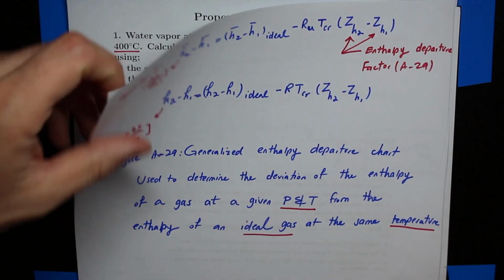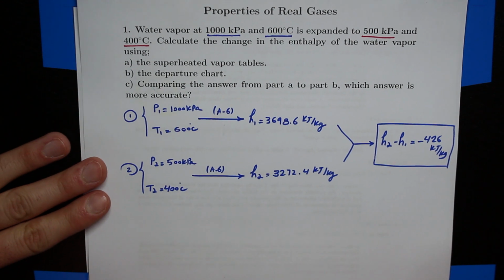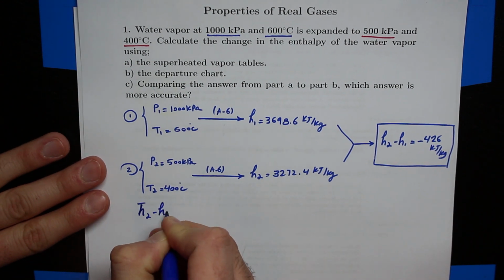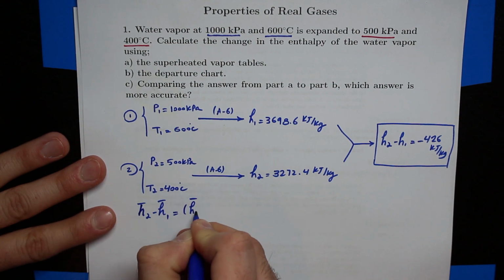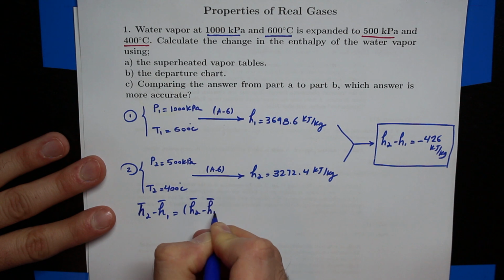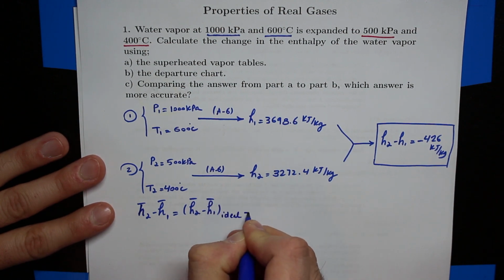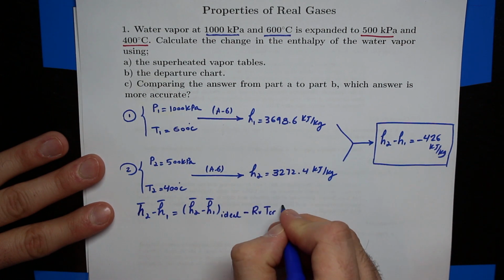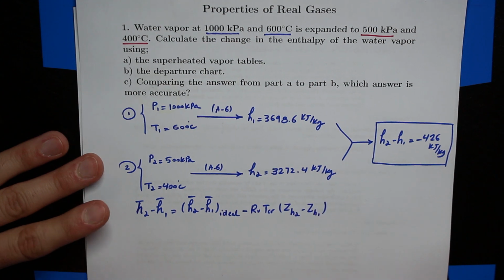Now let me write down the correlation once again. So the correlation says H bar 2 minus H bar 1 is equal to H bar 2 minus H bar 1 with subscript ideal minus RU T critical times ZH2 minus ZH1.